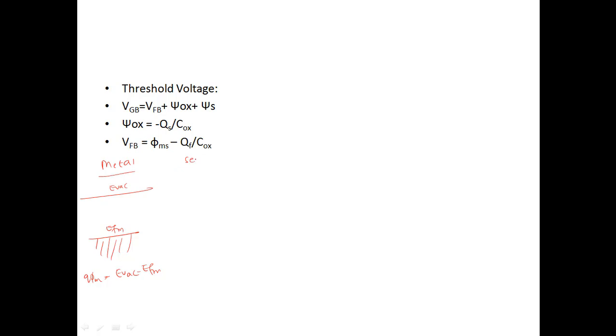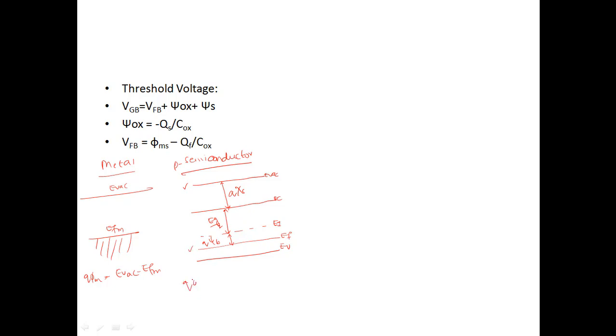Whereas in semiconductor, let's look at p-type semiconductor. So the difference between the energy levels of the vacuum level and the conduction level is your electron affinity q times chi, and EC minus EI is Eg by 2 and EI minus EF is q times psi B. So we know that the work function of the semiconductor would be the difference between the vacuum level and the Fermi level.